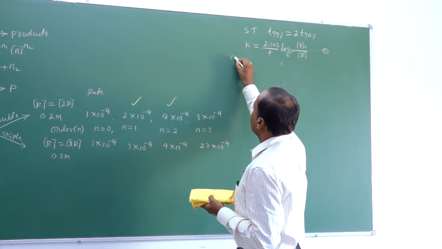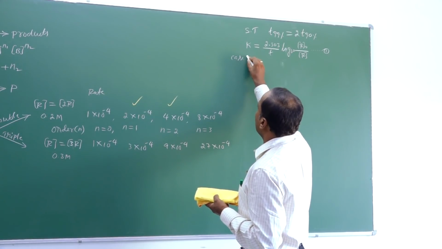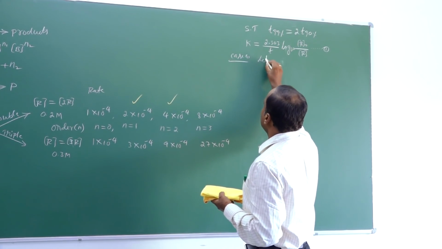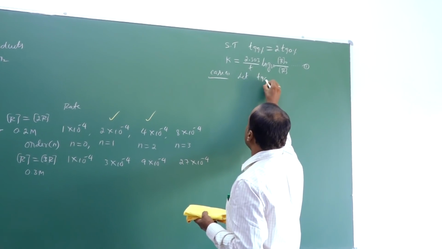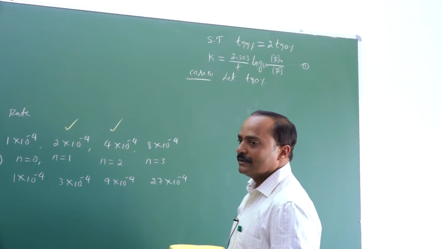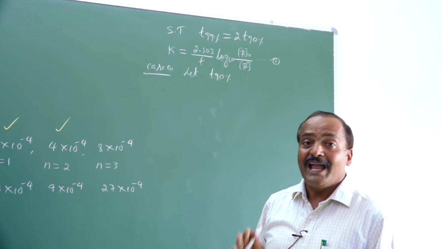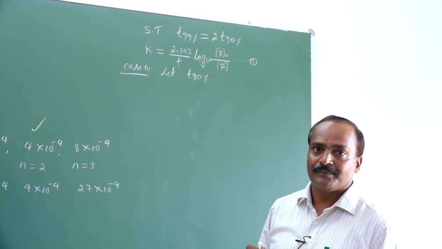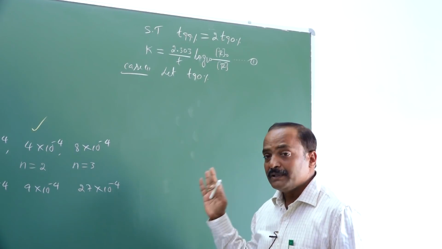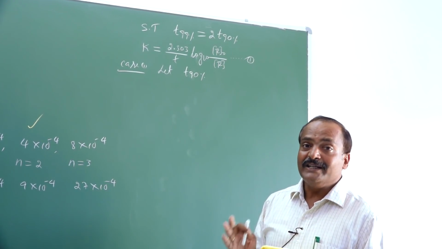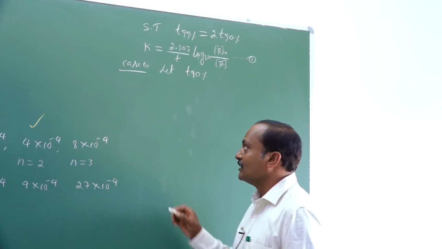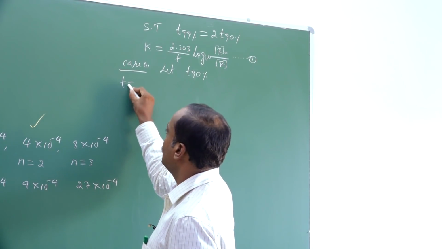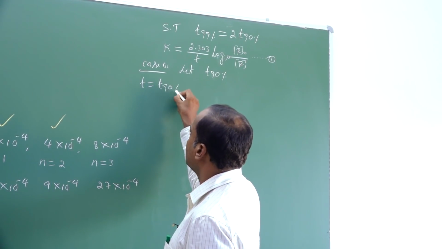Case 1. Let T90% be the time taken for 90% completion of the reaction. t = T90%.